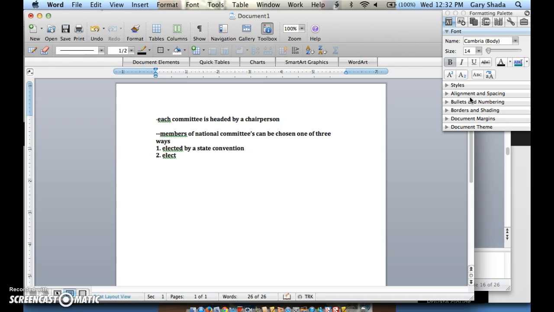They can be elected by voters in a state-wide election, or they can be chosen by the state central committee. Okay, so those are the ways that a person can be a member of the National Committee.